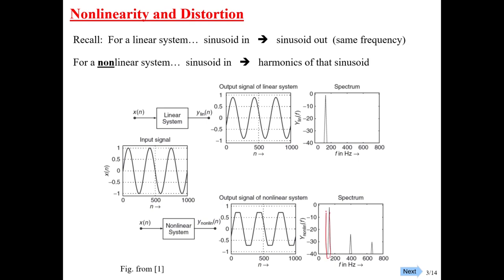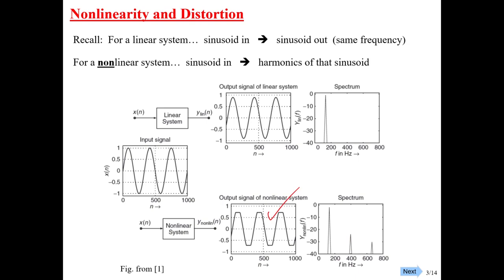I don't know what this is, maybe 161, something like that, but this is going to be 3 times that, and this is 5 times that. Now there are other nonlinearities where you'd get only the even harmonics, and other ones where you'd get both the even and the odd. But that comes clearly from a Fourier series point of view.